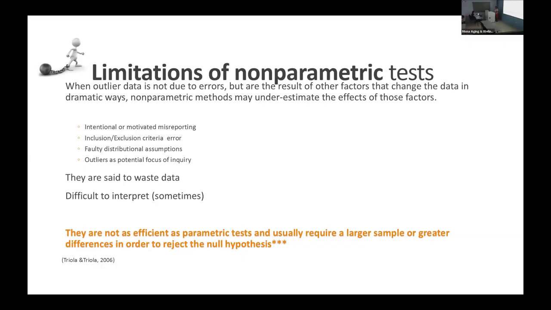The next one is inclusion or exclusion criteria. So say, for example, you're looking at nurses. The inclusion criteria is that once you are a registered nurse and you're working in secondary care, you're included in the study.